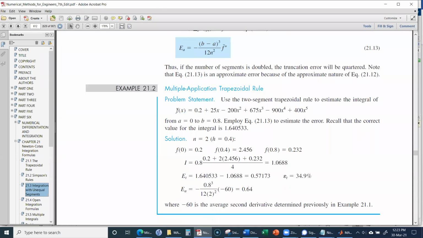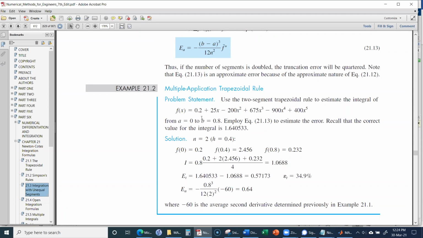If we have this problem, we can apply the trapezoidal rule.